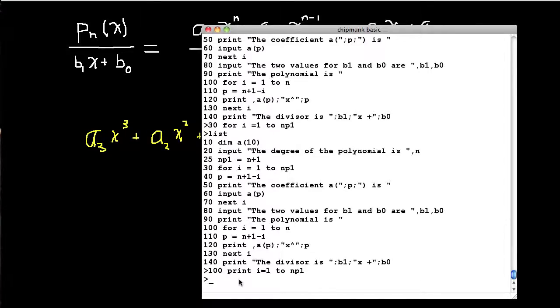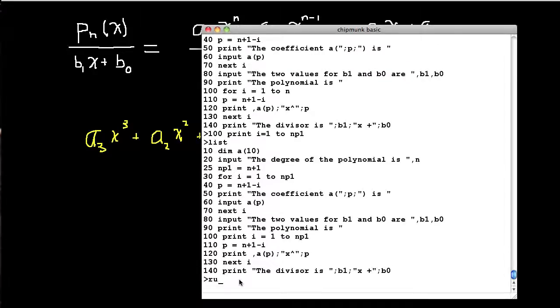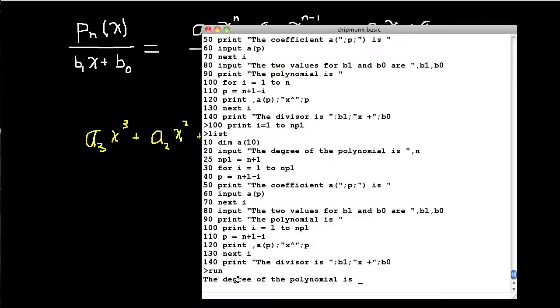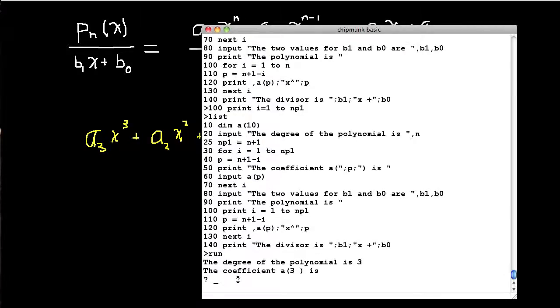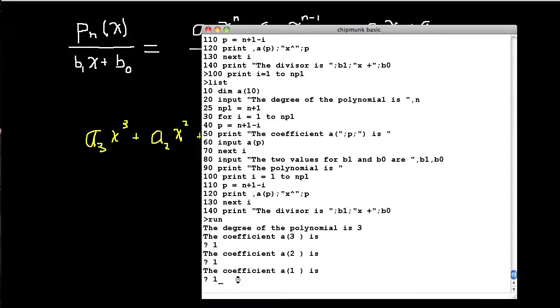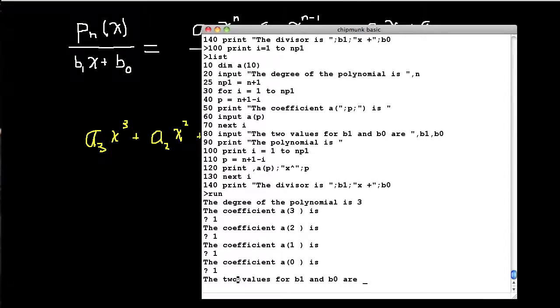Okay, let's see if those changes in the program make it work. Let me list it. Okay, run. The degree of the polynomial is 3. Now it should ask for 4 coefficients. 1, 1, 1. There, it asked for 4 coefficients and didn't give me an error. I have to input b1 and b0, so let me put 1, comma 1.